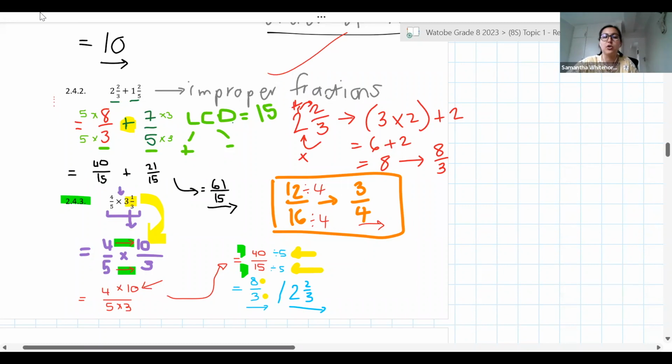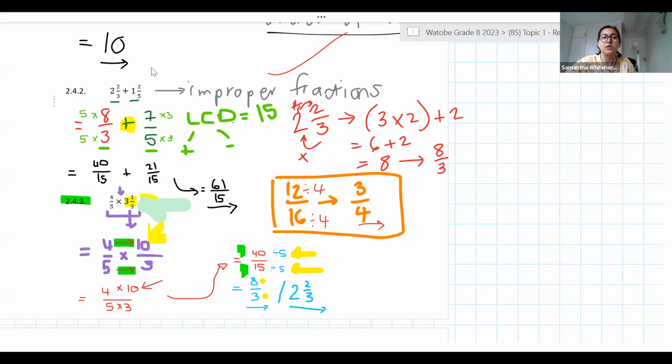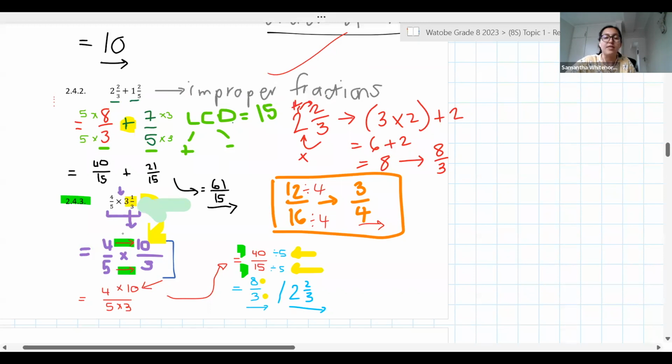Okay, I understand. So we don't need to do that. Even though we've got the mixed number over here, we don't need to create whole numbers. Once you've converted it to the improper fraction, we then just multiply the numerators and multiply the denominators. Oh, so you don't have to make it a full number?